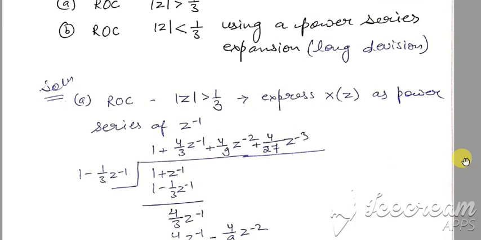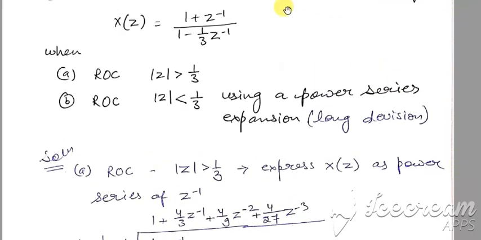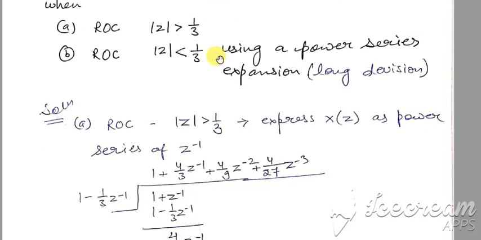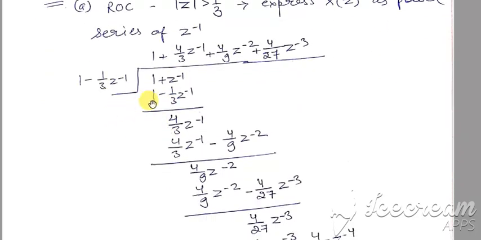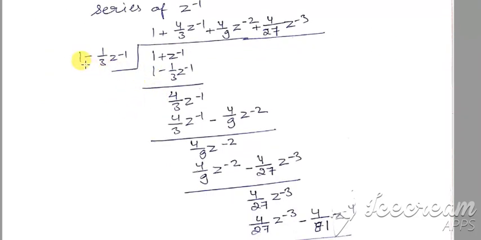The denominator is 1 minus 1/3 z^-1, and the numerator is 1 plus z^-1. So we have written it here and started the long division. Here we have taken 1, and when we multiply 1 with this value, we get 1 minus 1/3 z^-1.